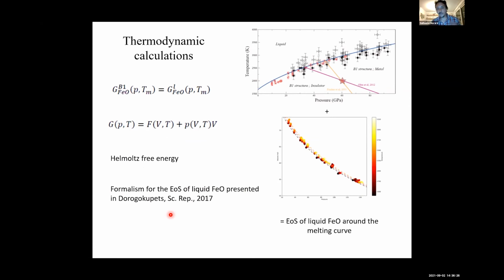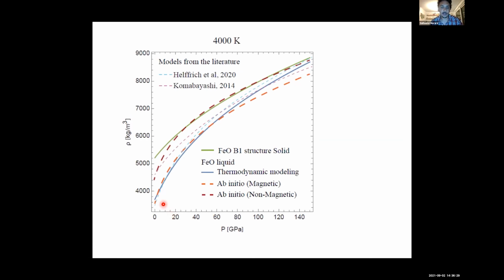And so he did that, and it's very interesting when you compare this data with the density from the two ab initio calculations, magnetic, so in high spin and low spin, I would say, and compare with others. The other dotted lines are previous models in the literature for the thermodynamic equation of state of the liquid. And what we can see is that in our equation of state, the transition seems to start around 60 GPa, or 40 to 60, the same pressure range where we have this shrink of the Fe bond distance.